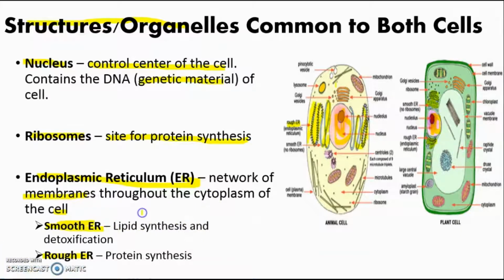In terms of function, the smooth ER is responsible for lipid synthesis and detoxification of the cell. Whereas the rough ER is also responsible for protein synthesis because obviously it has attached ribosomes.